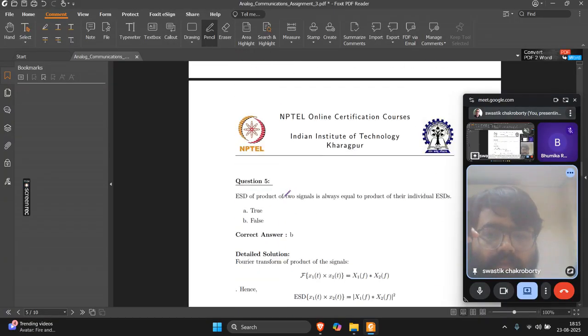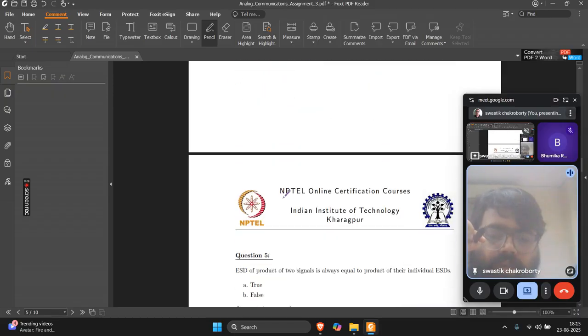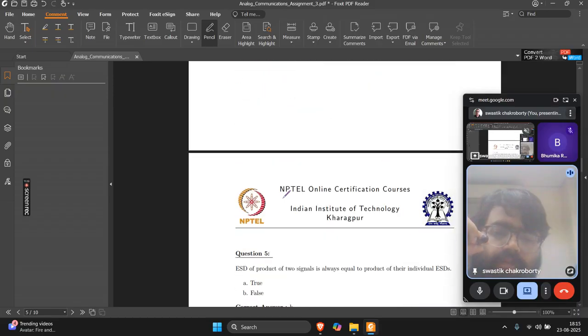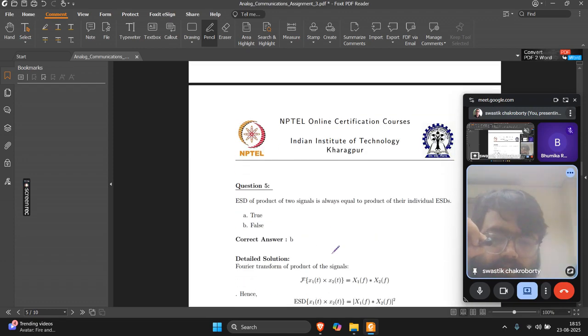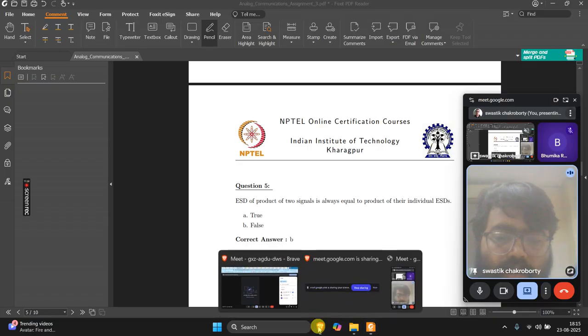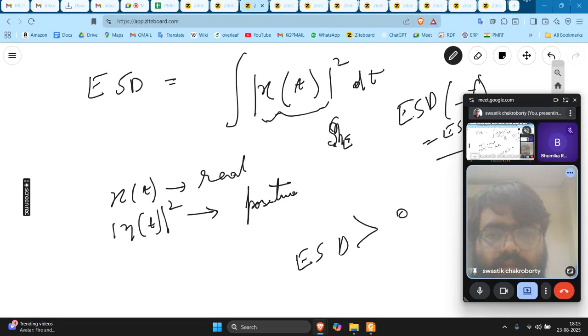Next, ESD of the product of two signals is equal to the product of their individual ESDs. So, is the ESD of the product of the two signals equal to the product of the ESDs of the two signals?